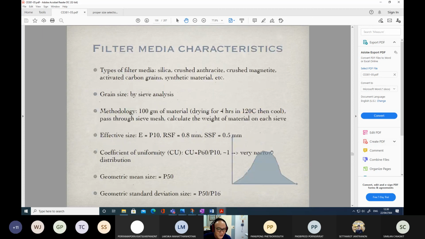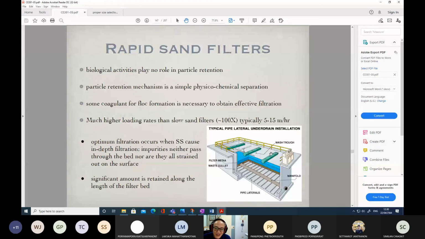As I told you initially, we have the wash through pipes in the case of rapid sand filters, but the wash through pipe or channels are not used during the filtration; they are used only when we backwash the media. Okay.